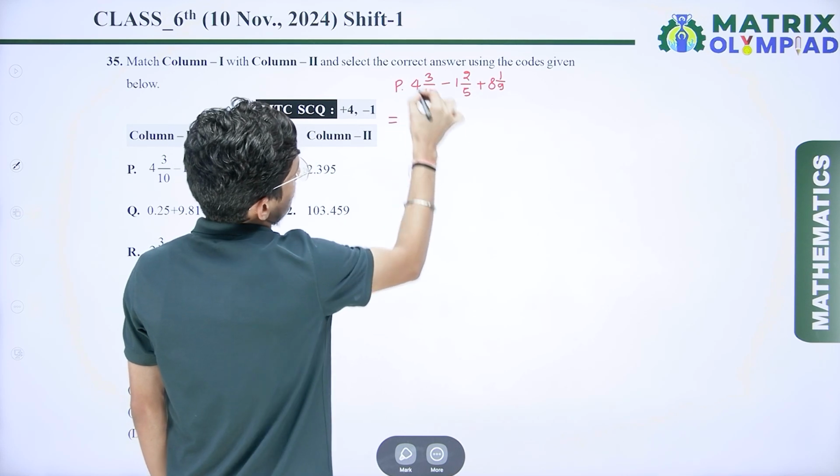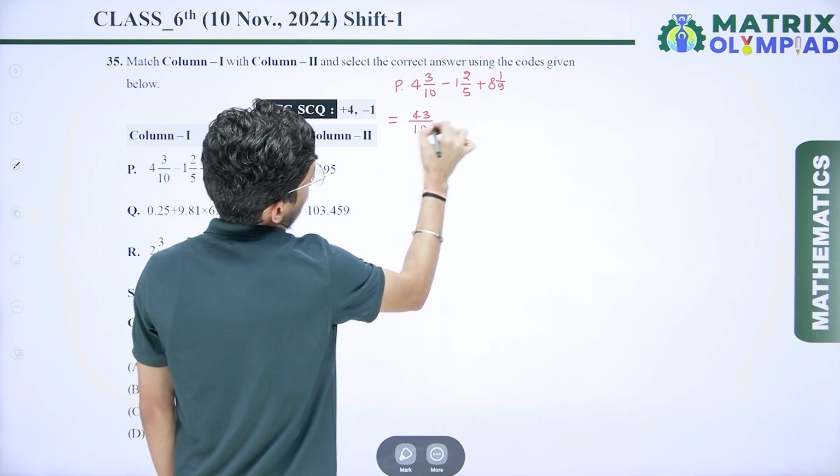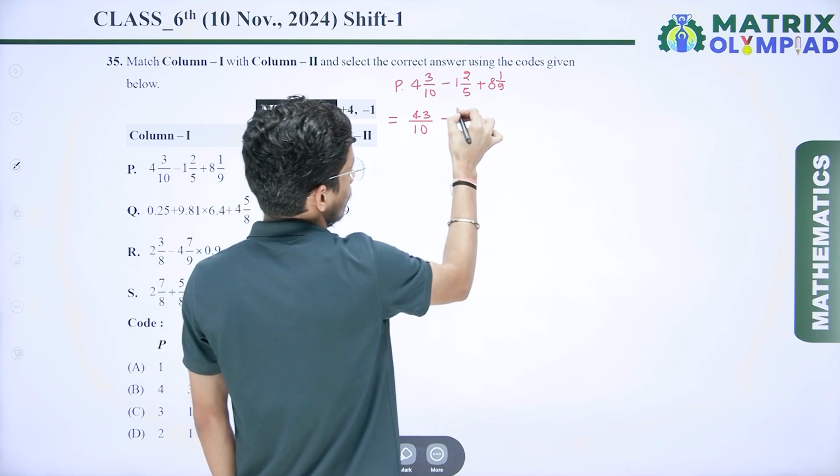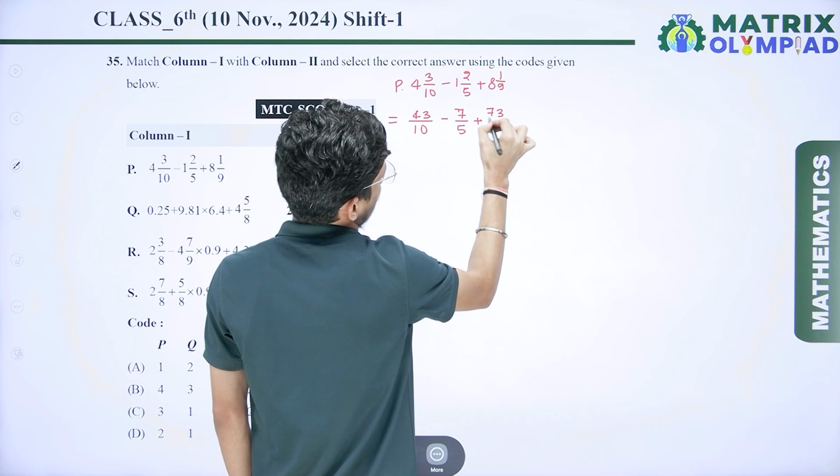So simply if I solve here, 4 tens are 40, 40 plus 3, so here I get 43/10 minus 7/5 and 73/9. If I simplify, I get 4.30 minus 1.4 plus 8.11.